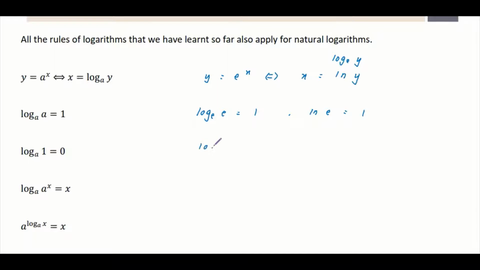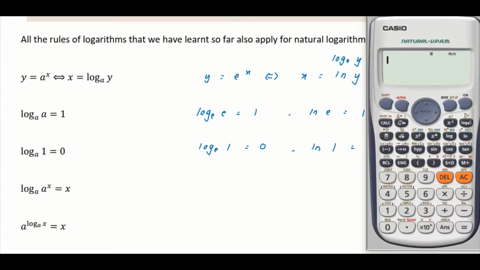So log to the base of e of 1 equals 0, which means ln 1 gives us 0. You can always try with your calculator and see whether you get it. ln 1 will give you 0.